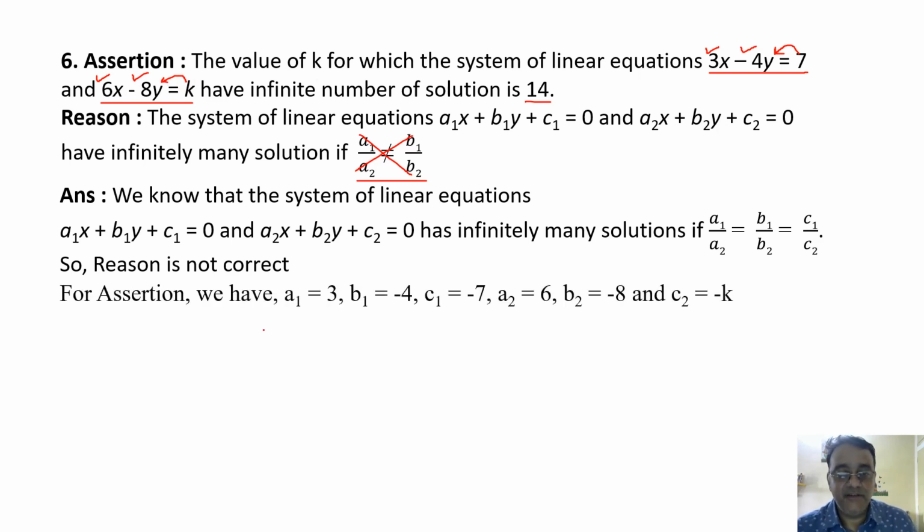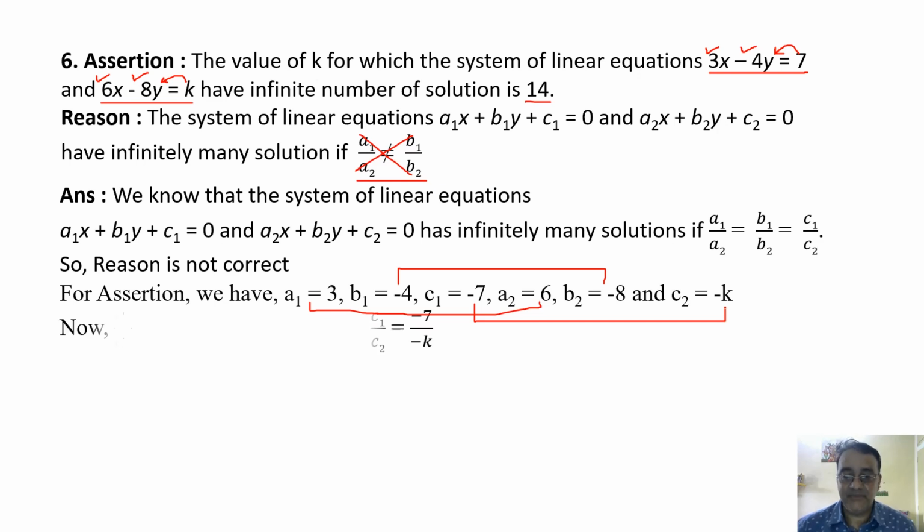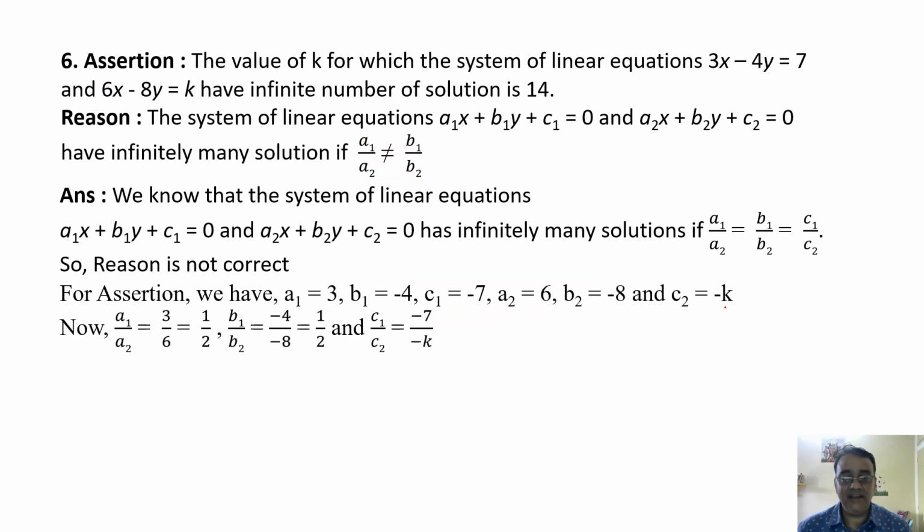Now a1 upon a2, what you are getting? 3 by 6, that is 1 by 2. And b1 upon b2? Minus 4 upon minus 8. So that is also 1 by 2. And c1 upon c2 is minus 7 upon minus k. So that is 7 by k.